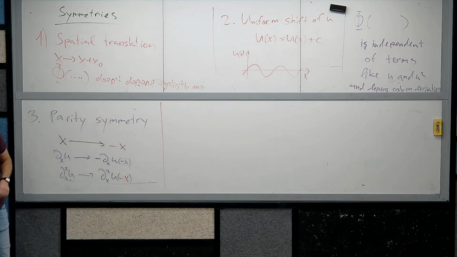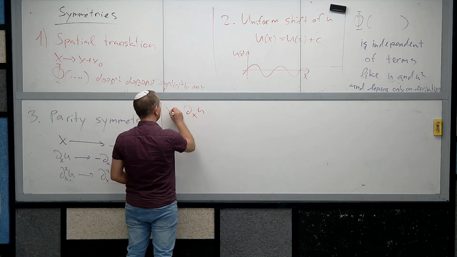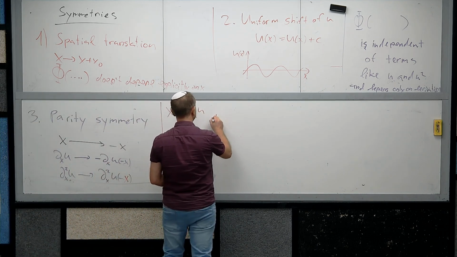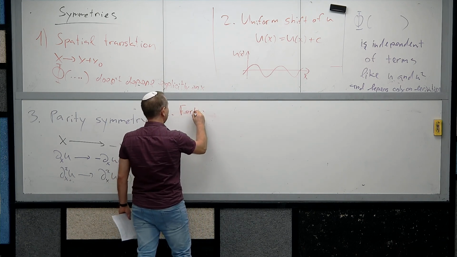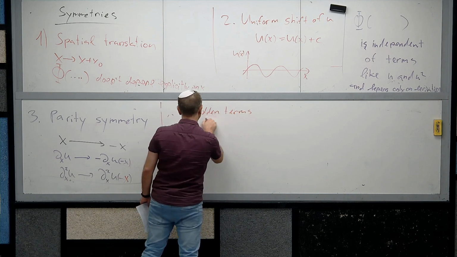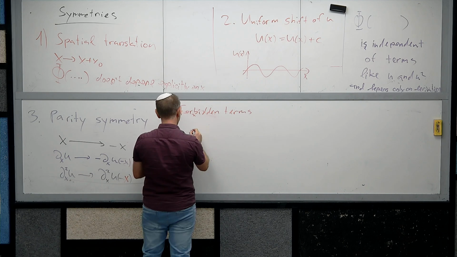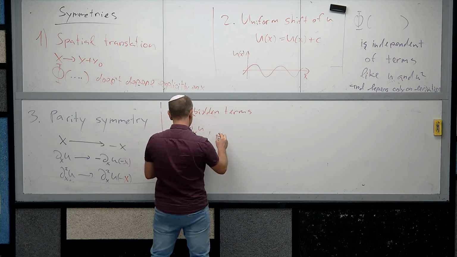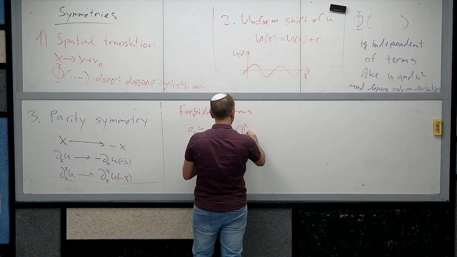So what is forbidden? Forbidden terms due to this parity symmetry. I cannot have d_x of u, I cannot have d_x of u times d_x squared of u.